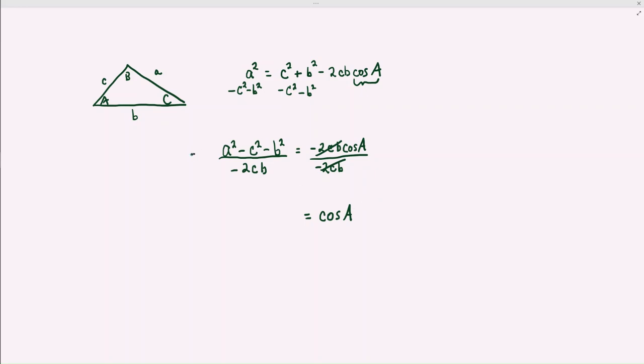Over here, I'm going to multiply this by 1 in the form of negative 1 over negative 1 just to get the sign in the denominator non-negative.